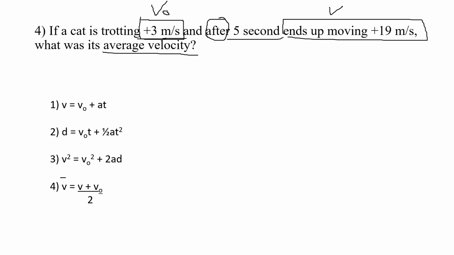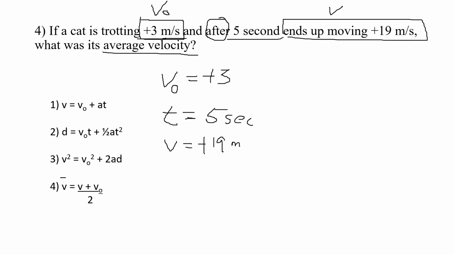Oh, nice. Let's make our list of variables. We have v naught is 3. Time is 5. V is 19 m/s, and V bar equals question mark.